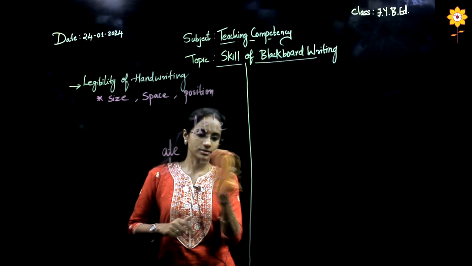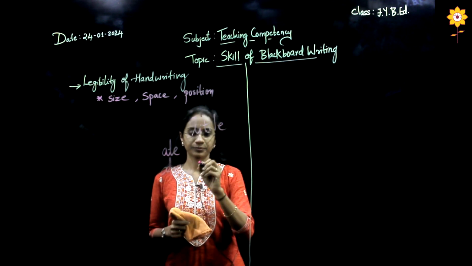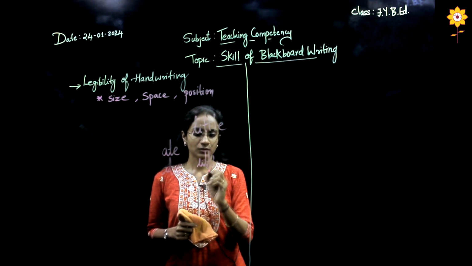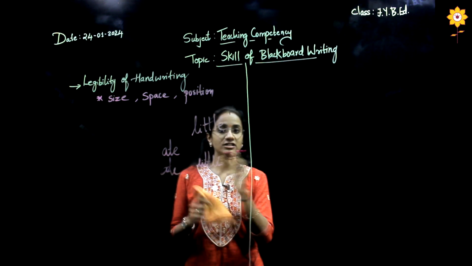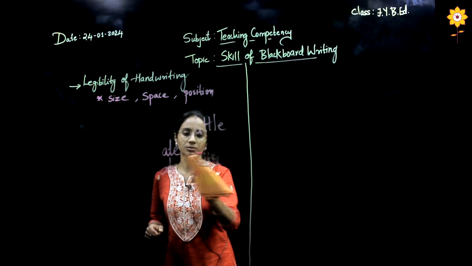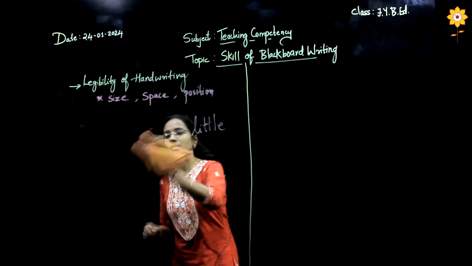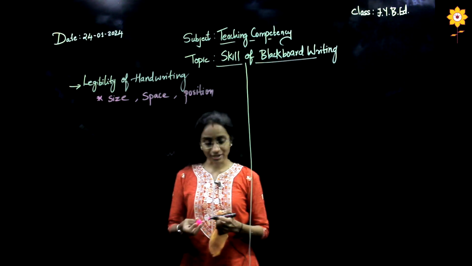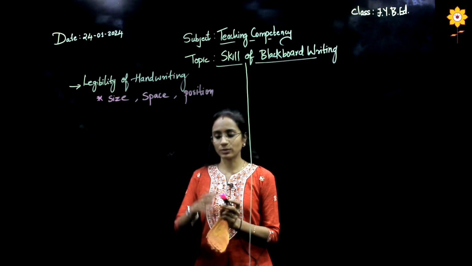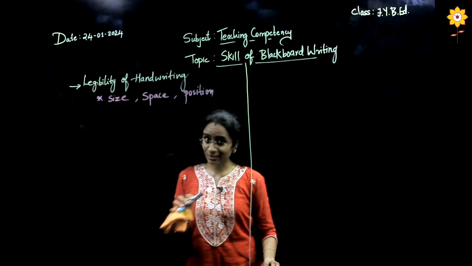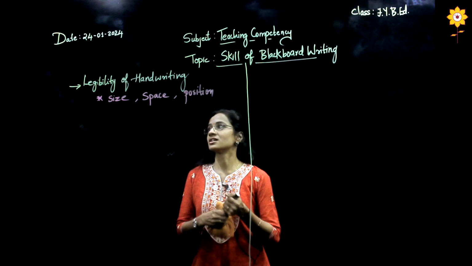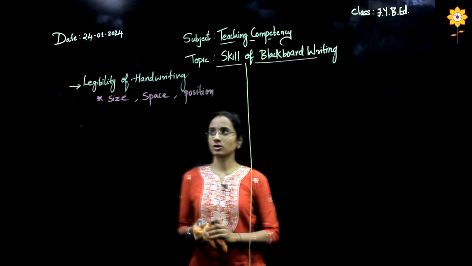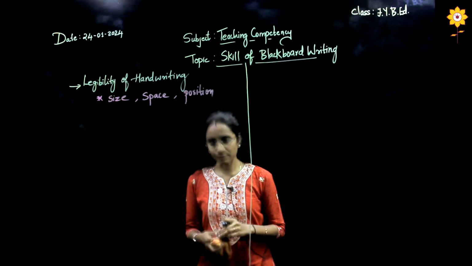If I write it like this then, LE, everything looking together, it should not be the way that you use. So maintain the proper size, space, and position. So legibility of handwriting is important. I have given you examples to understand. So reflect back how you will use your handwriting correctly, how you will write properly. Okay? So legibility of handwriting is important.